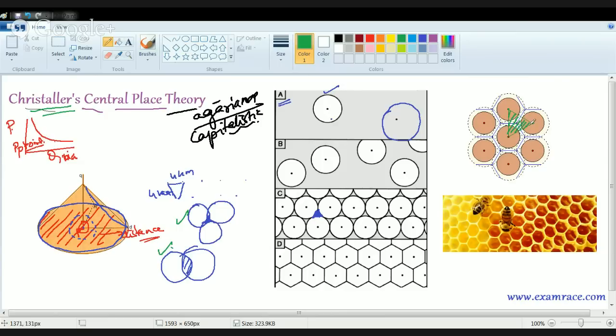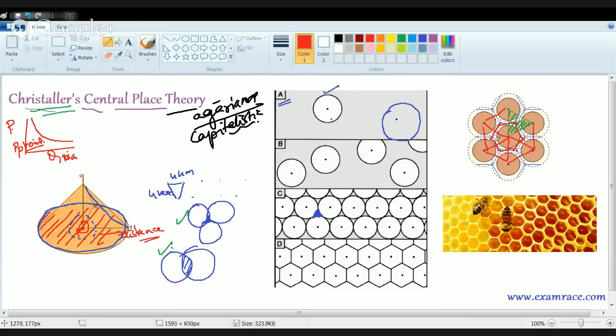If I join different triangles here, what I am marking in red, making another triangle here, and so on, this would finally give me a hexagonal shape.